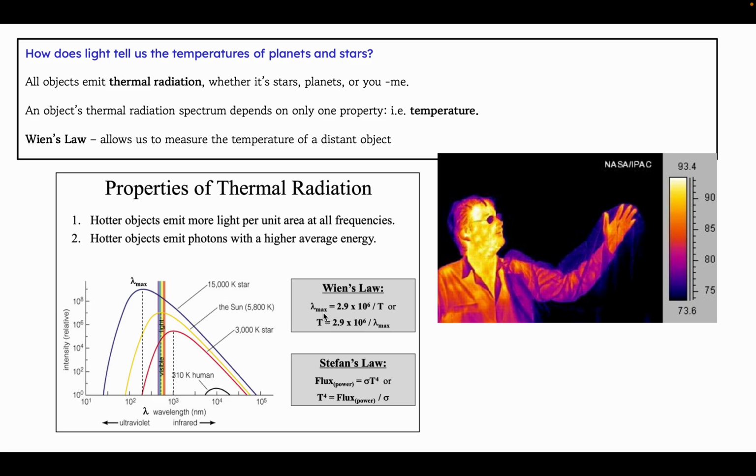There is Wien's law, lambda T equals 3 × 10 to the power minus 3 in SI units, and the Stefan-Boltzmann law, where the flux per unit area is equal to sigma T to the power 4.